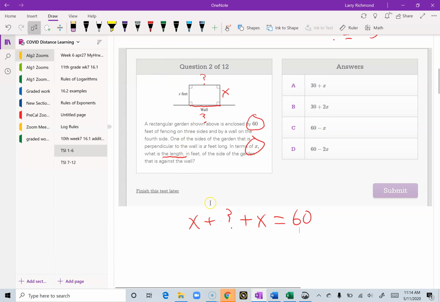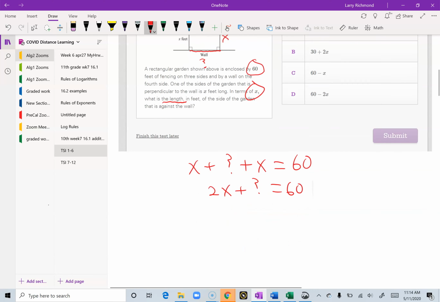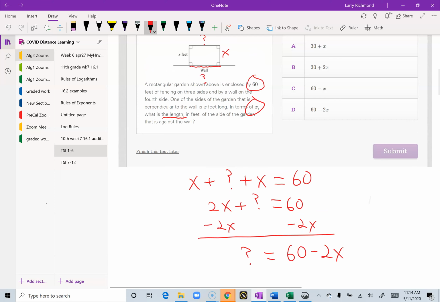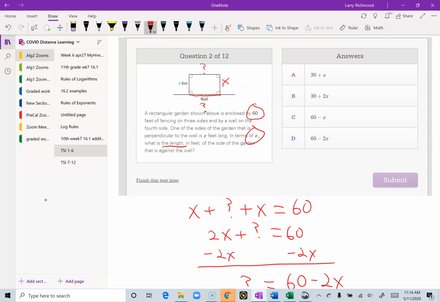Combining like terms, x plus x is 2x. So we have 2x plus question mark is 60. Solving for question mark, we'll subtract 2x on both sides. Question mark will equal 60 minus 2x. And that is D.